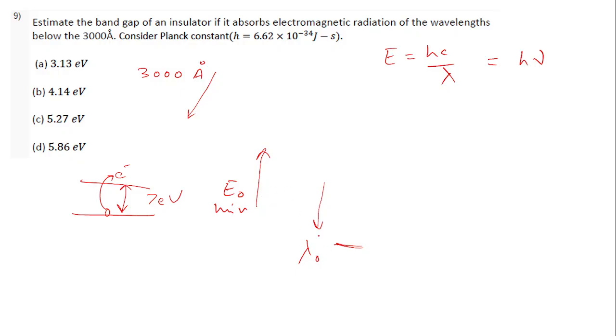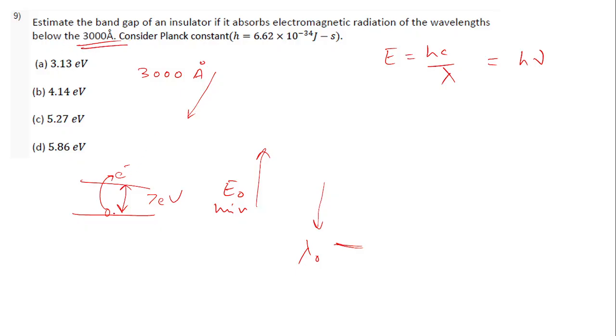Any wavelength more than this corresponds to energy less than this. I hope I could make this clear, because here we have been given the wavelength.